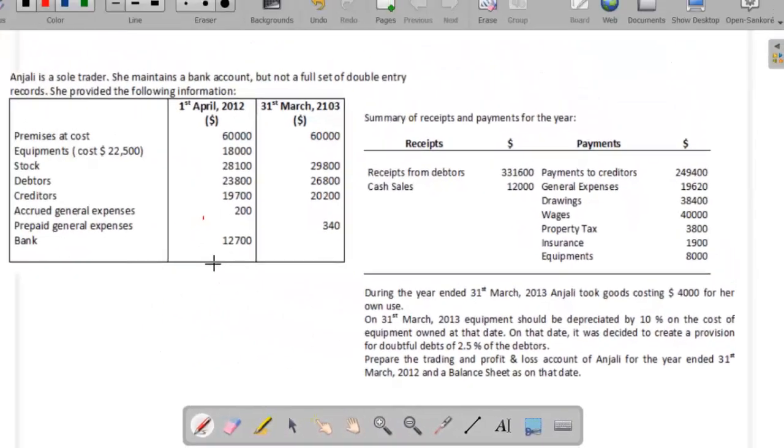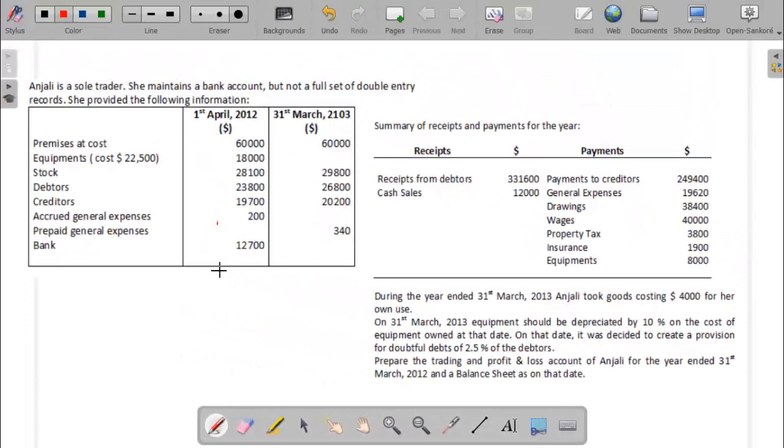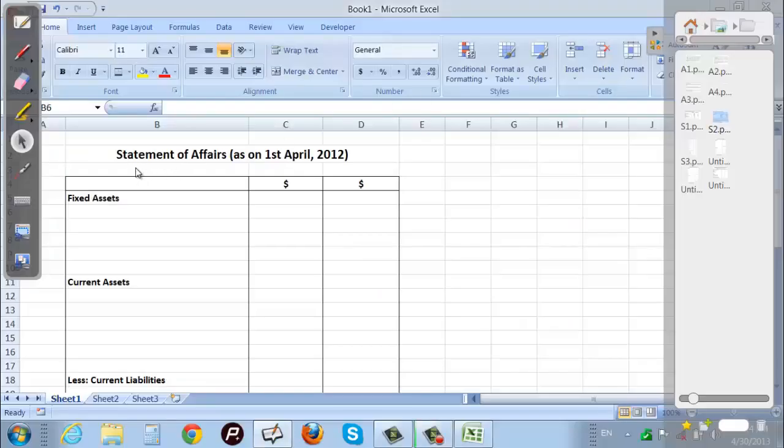Before we prepare final accounts, first we will compute the opening capital of the business, and for that we will prepare the opening statement of affairs. So, statement of affairs as on 1st April 2012, the beginning date. In this first we will take fixed assets.